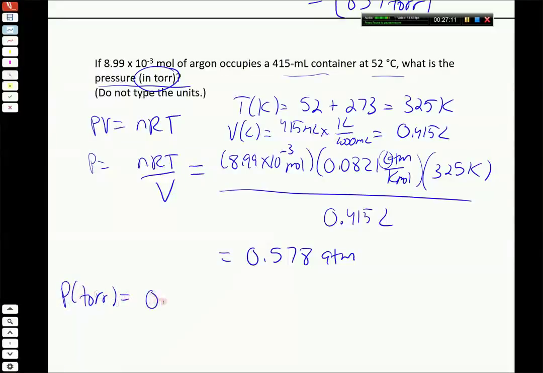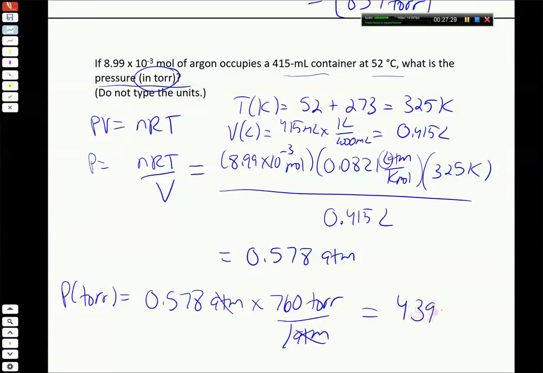So it's going to be 0.578 atmospheres times 760 torr per 1 atmosphere. That's the key conversion factor for pressure units that you're going to want to know. So 0.578 times 760 is 439 torr. And that would be the number we would put in.